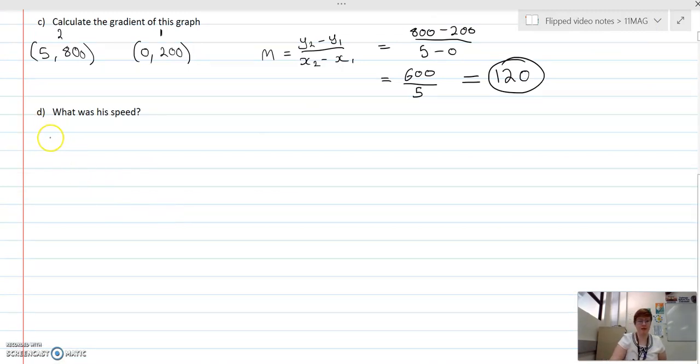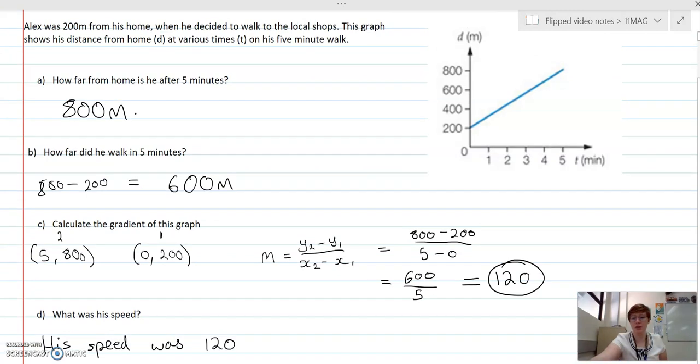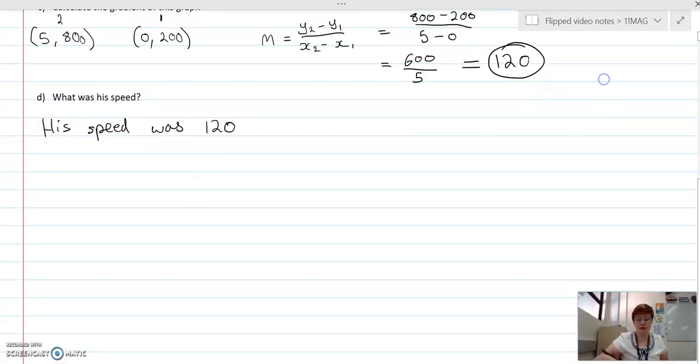So we can say his speed was 120, and we can see the units are meters and minutes. Therefore, he was walking 120 meters per minute. Simple.